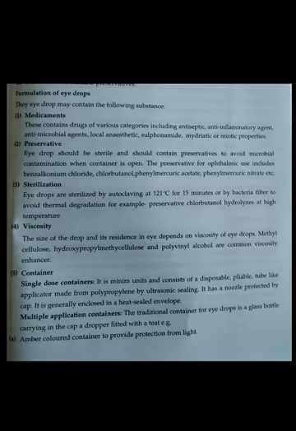Medicaments contain drugs of various categories including antiseptic, anti-inflammatory agent, antimicrobial agent, local anesthetic, sulfonamide, mydriatic or miotic property. Then preservative. Eye drops should be sterile and should contain preservative to avoid microbial contamination when the container is open. The preservatives for ophthalmic use include benzalkonium chloride, chlorbutanol, phenyl mercuric acetate, phenyl mercuric nitrate, etc.